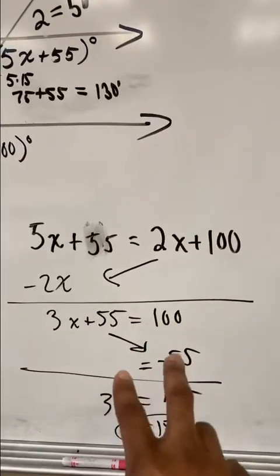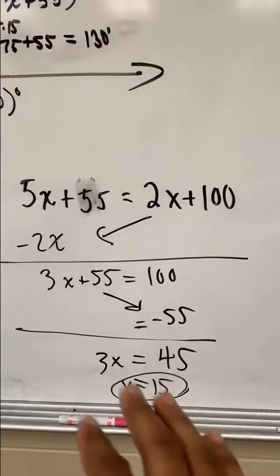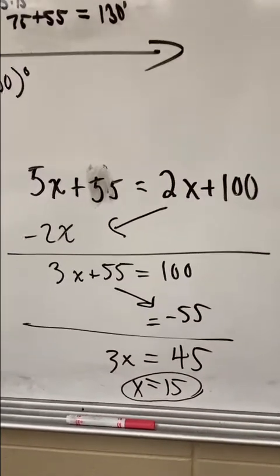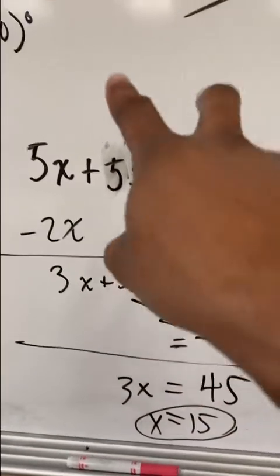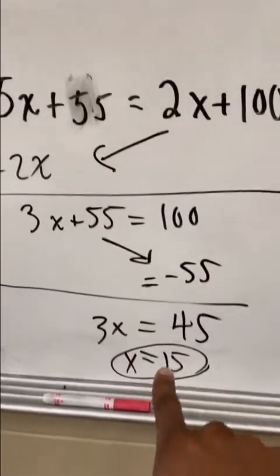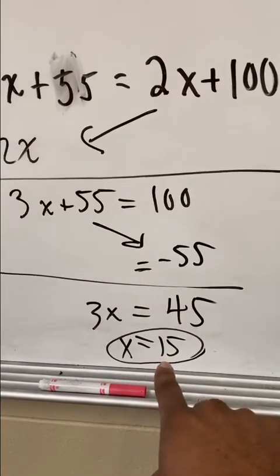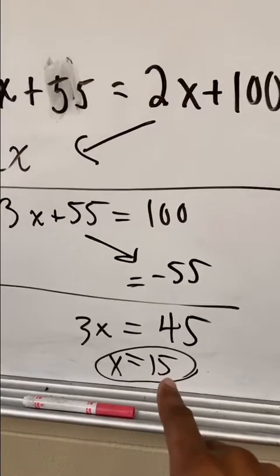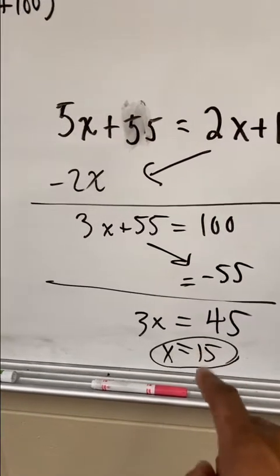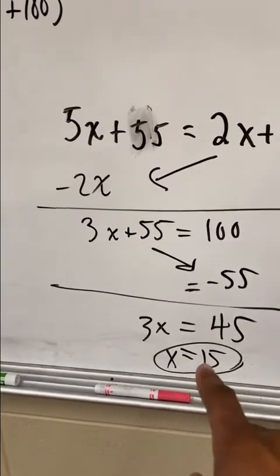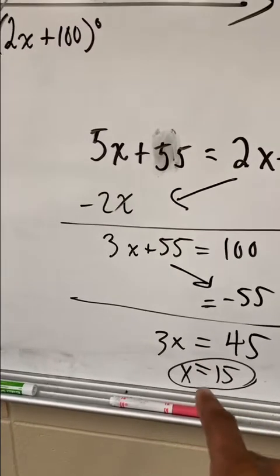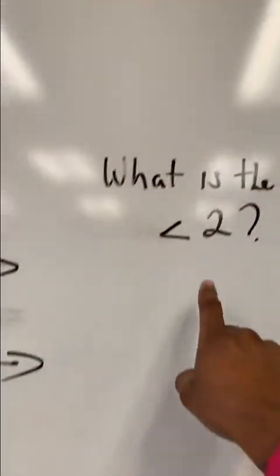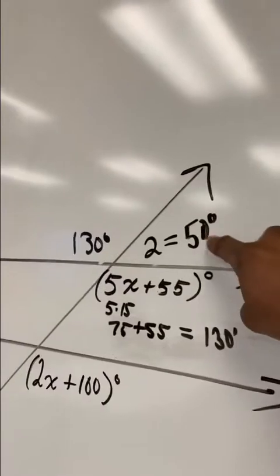Now, solving an equation, I'm not going to go into solving equations in this lesson. I'll probably do that later on when I get to some algebra stuff. But when you set these up and solve the equation, you get your x is equal to 15. Please always make sure you understand if that's what the question wants you to give as your solution. All right. So 15 is what we get for x, but angle 2 is what we're really looking for.